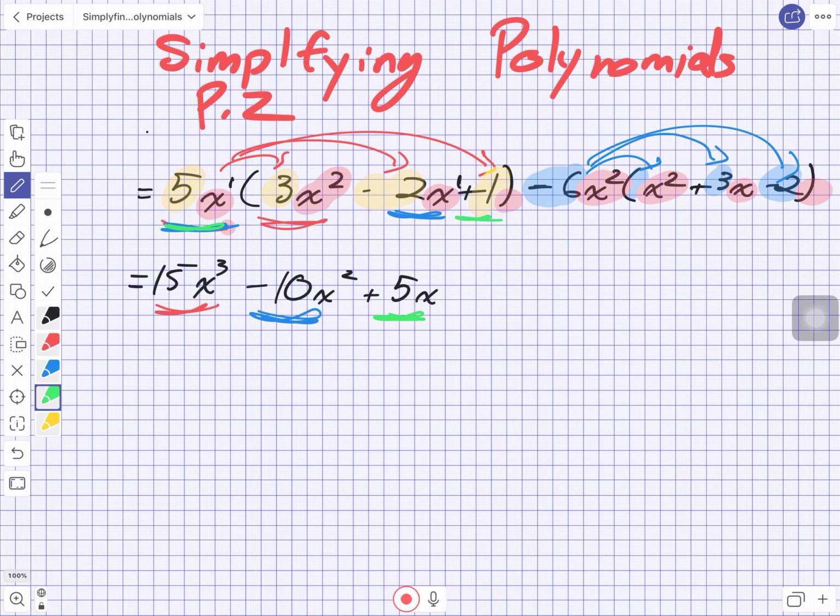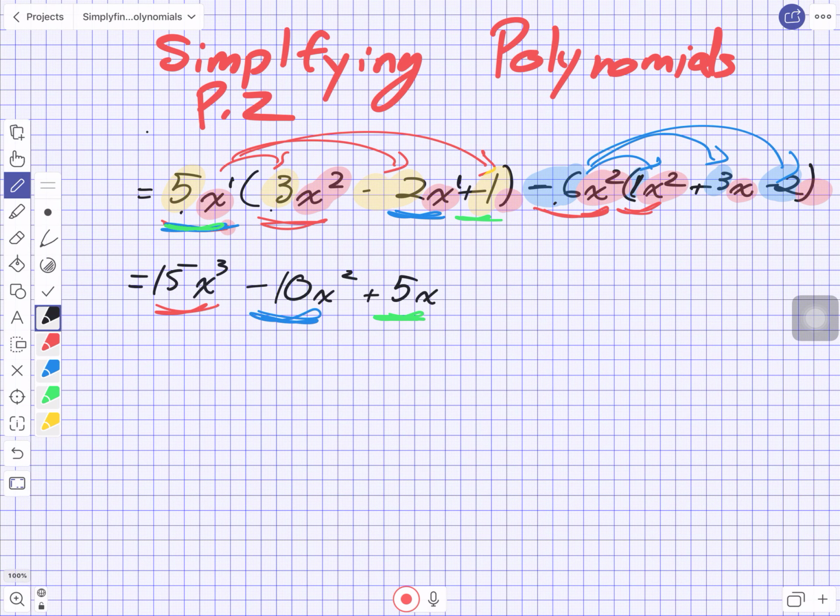Let's move into our second one here. Our second one, we'll start again. What color do I start with? Red. With negative 6x squared times x squared. So that's negative 6, so just x to the power of 4. So recall that there's a 1 here. And remember the first thing we've got to do is multiply our coefficients.